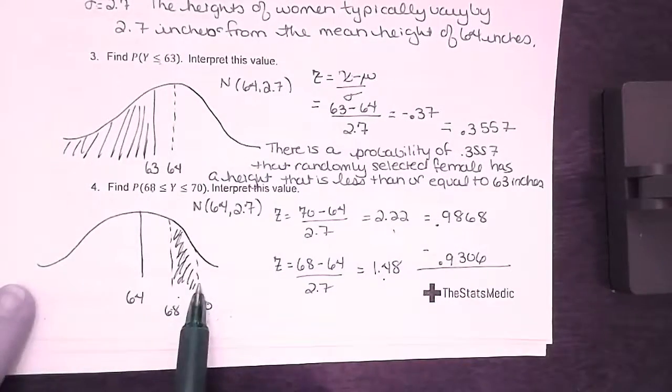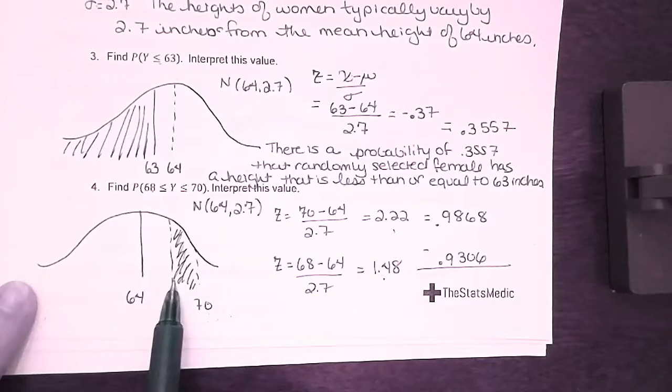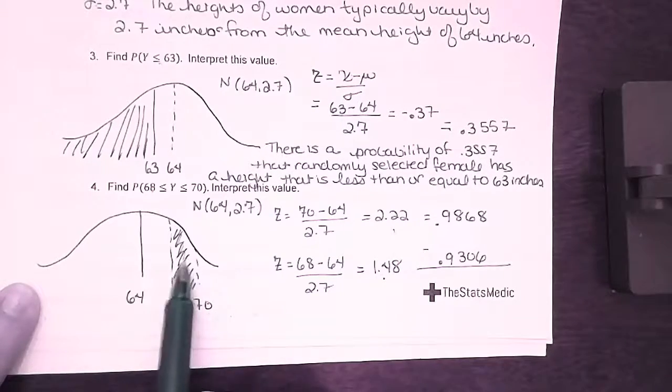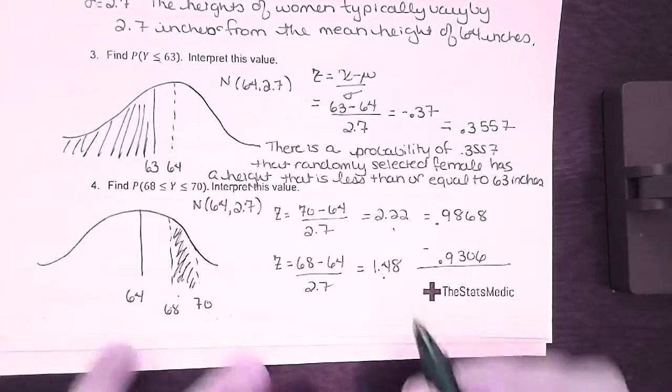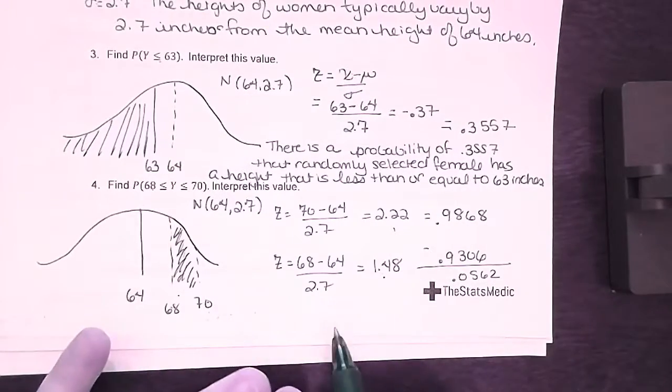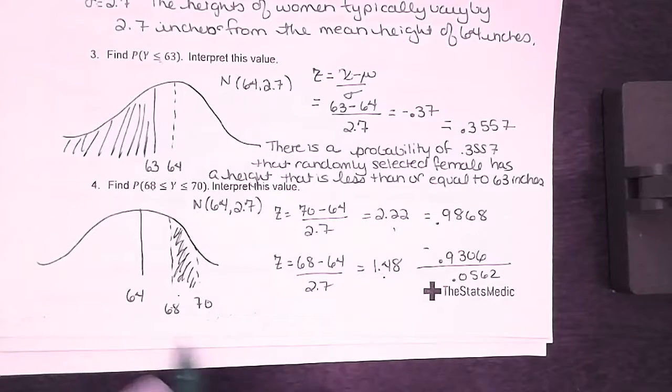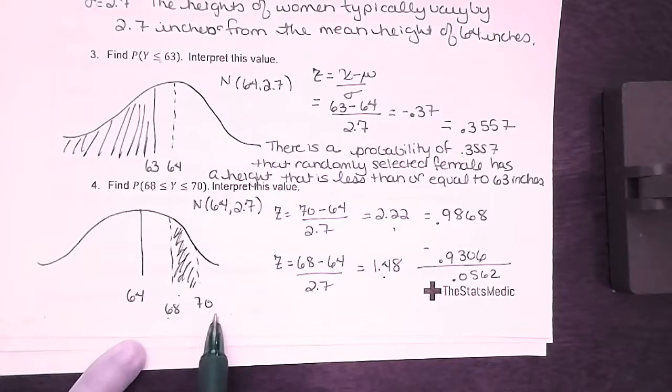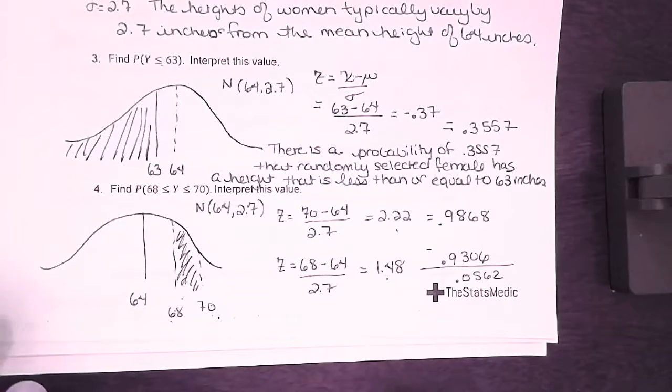I'm taking this large area and I'm taking away this because I need this area. Okay? And I get 0.0562. If you were doing this on your calculator, this would be your lower bound and this would be your upper bound. Okay? I'll probably do a whole other thing, but also if you look at the normal distribution worksheet video, it's exactly the same as what we're doing.